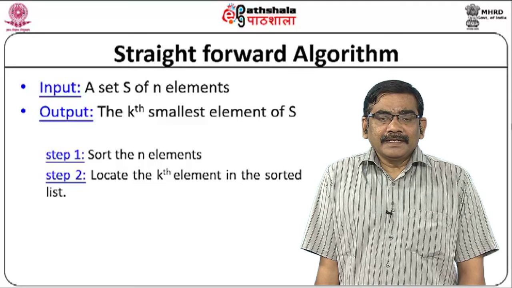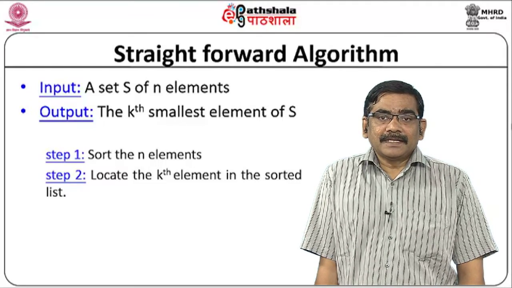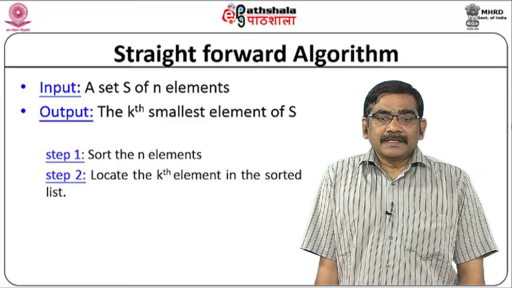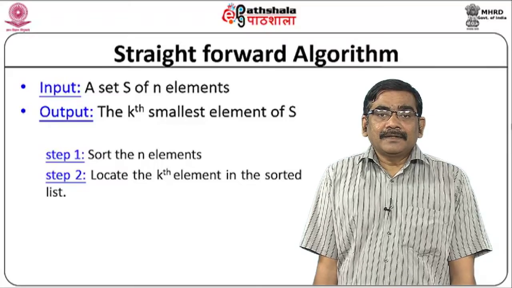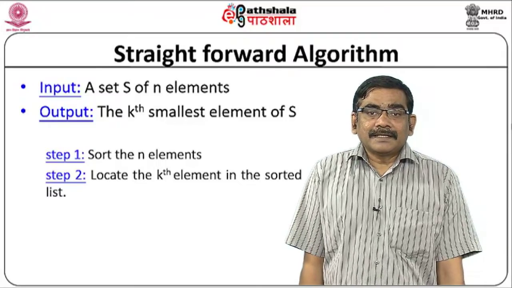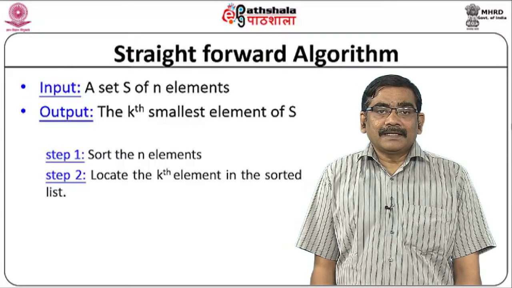If I want to find the kth smallest element, like the second or third smallest element, then these are respectively the second and third elements of the sorted list. In that manner I can easily find all of these.